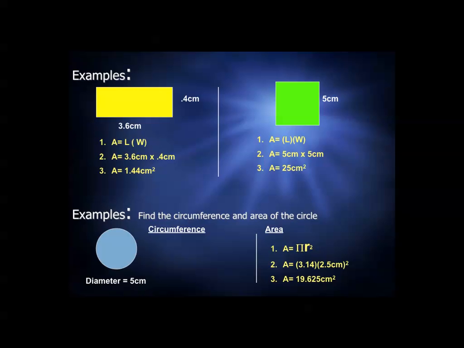Oh, okay. 2.5 times 2.5 equals what? We got 19.634. There you go. Depends if you press the pi button or if you just type in 3.14, but it should be about 19.6 something centimeters squared.